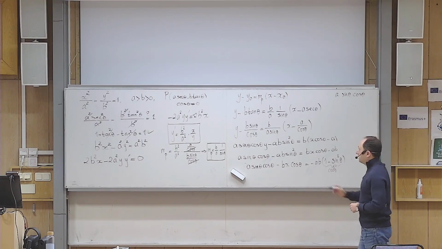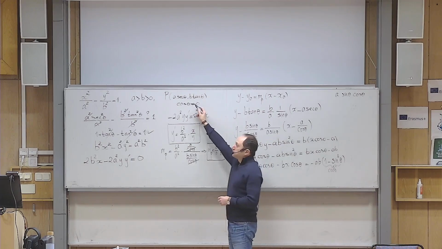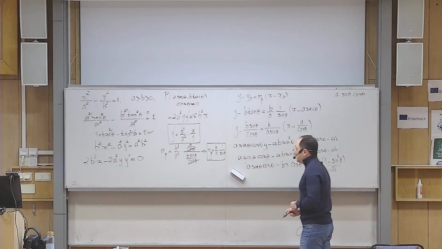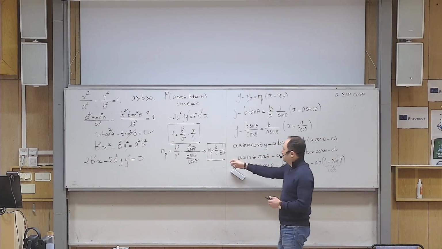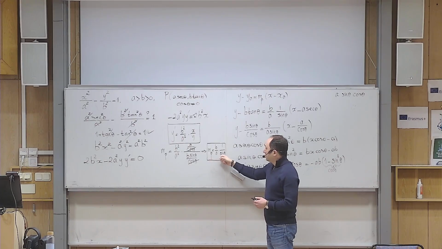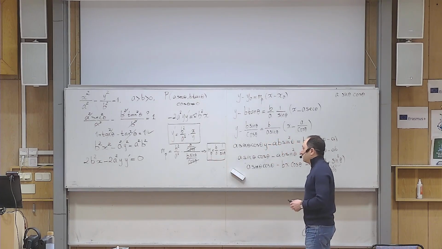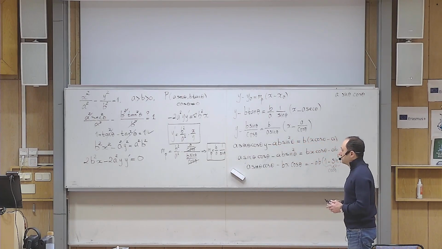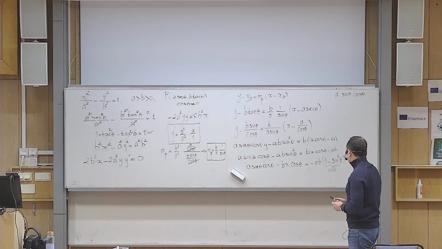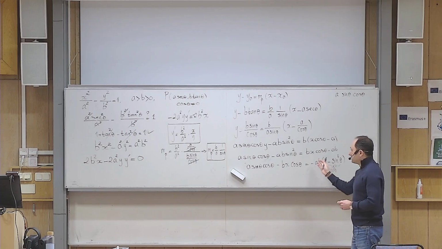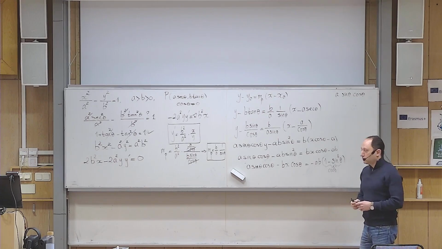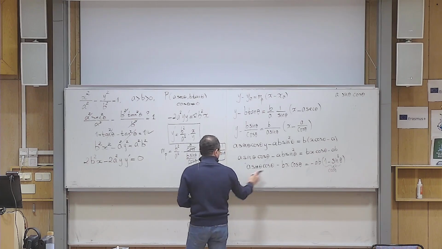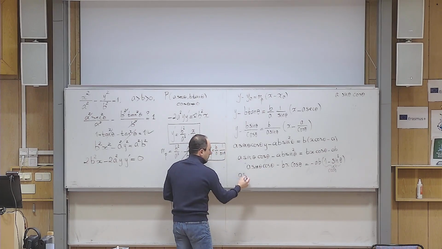Now do you remember? I told you that if the problem is supposed to make sense, cosine theta shouldn't be equal to 0. But of course, now we realize that sine theta shouldn't also be equal to 0, because otherwise m sub p is not defined. Anyway, I am on the safe side to divide everything by cosine theta. If I divide everything by cosine theta, this one becomes a sine theta.